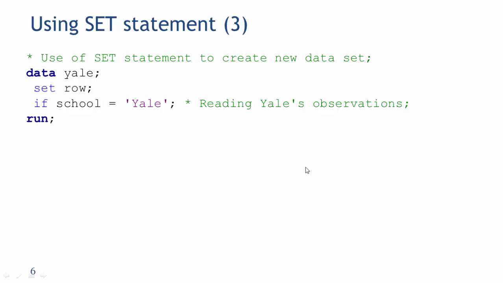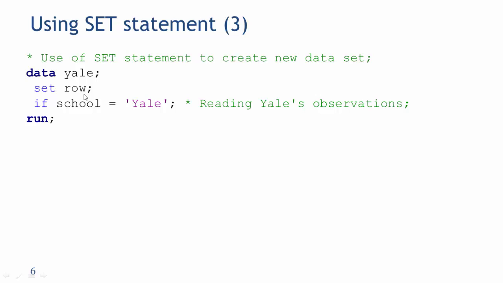Now we will use the set statement to create a new SAS dataset for Yale's observations. So we are creating a new dataset and we are calling it Yale, and then we are using the row dataset.